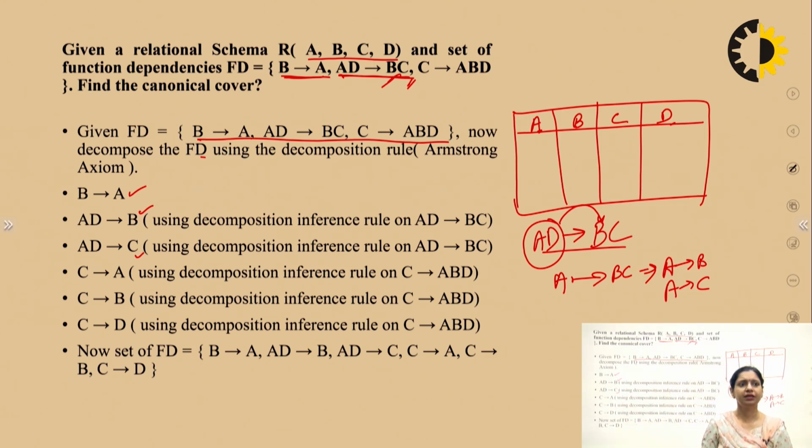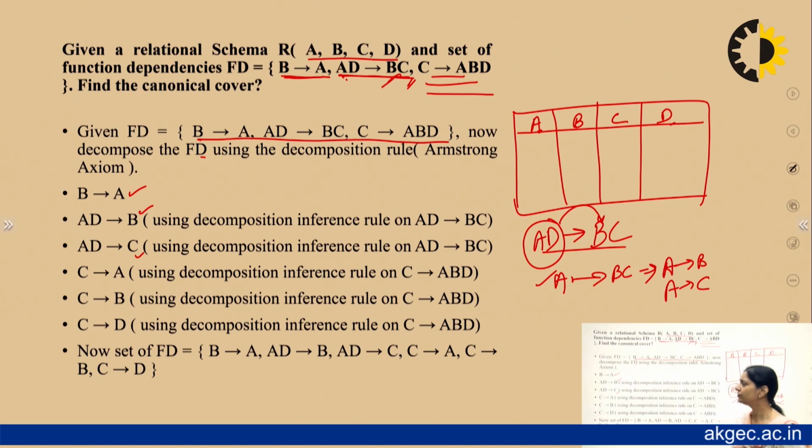So AD dependent upon BC is decomposed into 2 different functional dependencies, AD dependent upon B and AD dependent upon C. Similarly, the third one, we have 3 attributes on the right hand side. So C dependent upon ABD will be decomposed into 3 functional dependencies, that is C dependent upon A, C dependent upon B and C dependent upon D, using this decomposition inference from the Armstrong axiom.